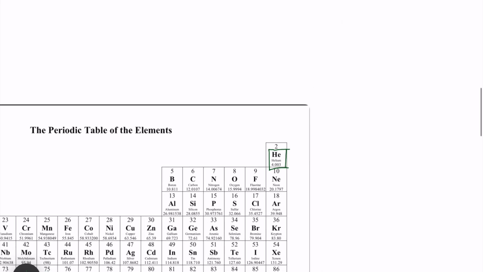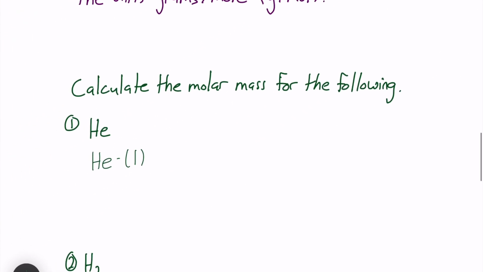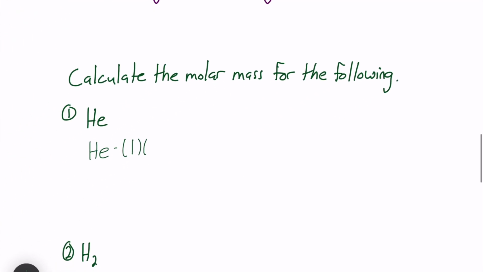Okay, so we can scroll on over and complete our question here. We just have 1 multiplied by 4.00, and that's an easy question to complete. So the molar mass of helium is just 4.00 grams per mole. That's it, that's all.